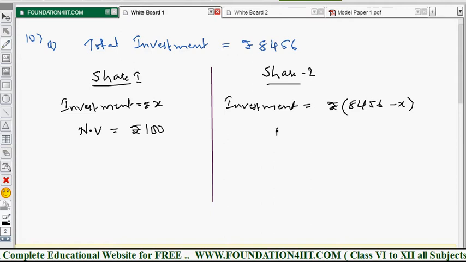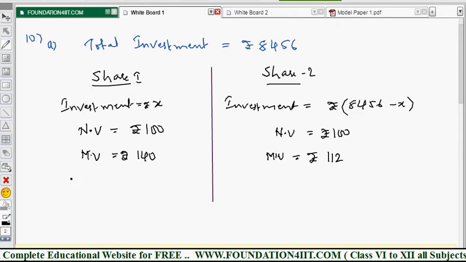The market value is 140 in the first case and 112 in the second, as per the question. The number of shares is investment divided by market value.